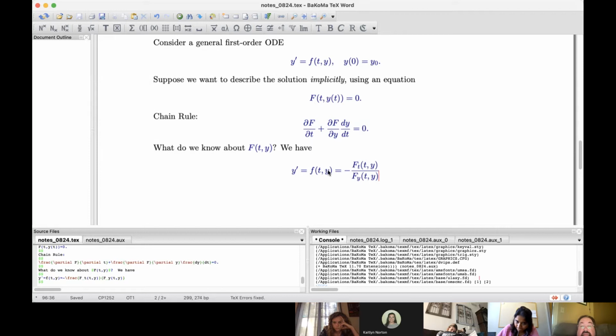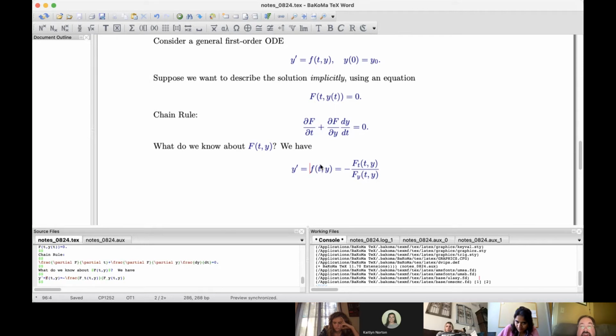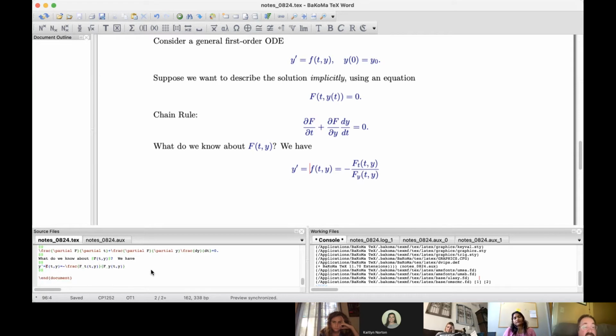So what we'd like to know is, if this is known, how can we find a function capital F that will satisfy this? But considering the complexity of this equation, generally it'd be very difficult just to find some function capital F that matches this for an arbitrary little f.